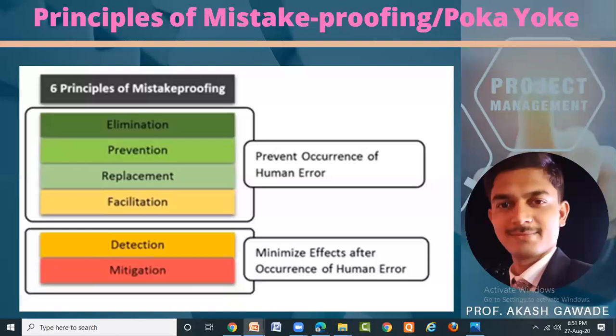Detection means what? Notice what is going wrong and stop it. That means whenever a defect is detected, you must stop that particular production. Detect what happens and why it happened, and then you must correct it. Then mitigation. It means don't let the situation get too bad.